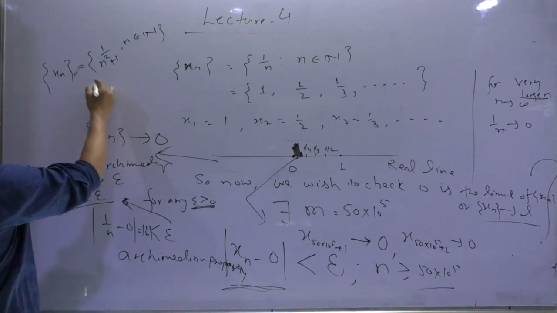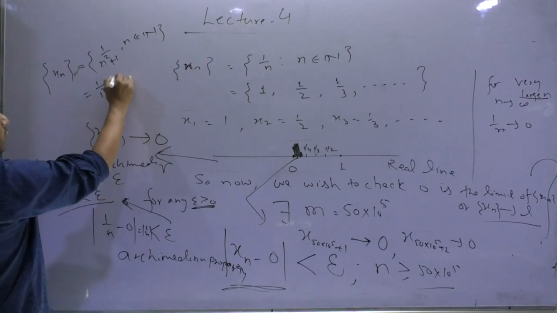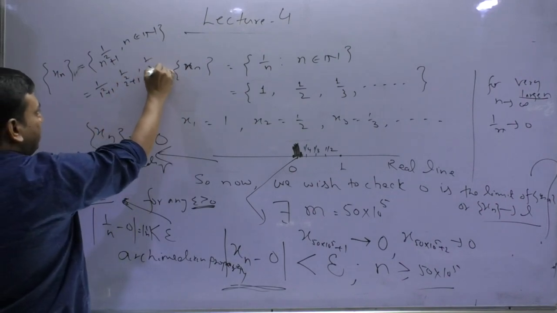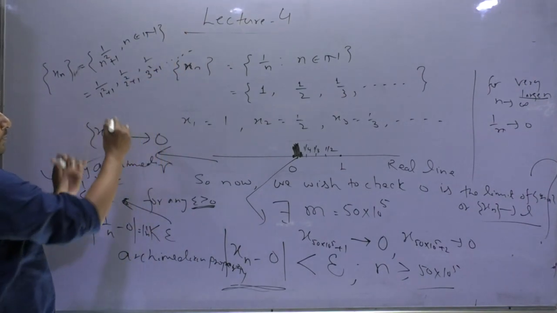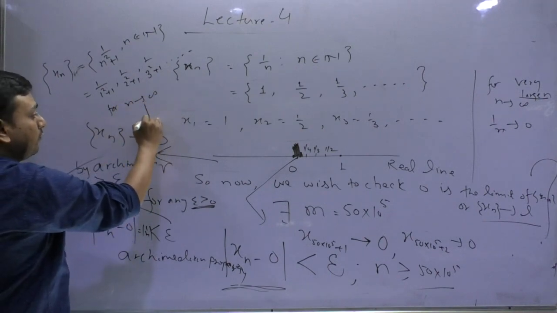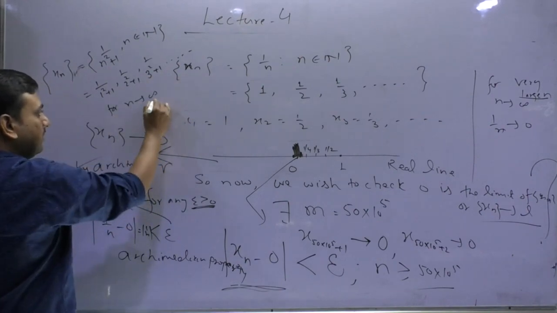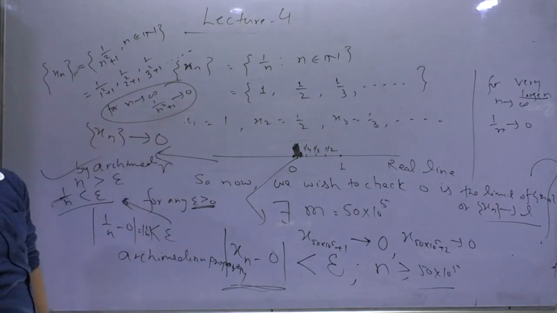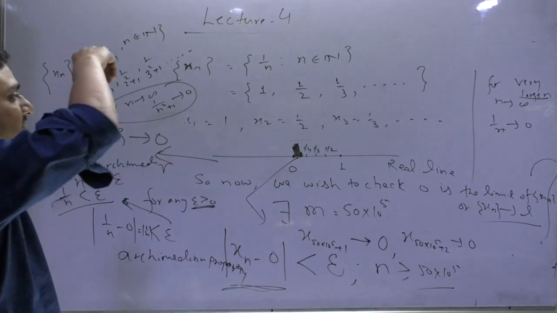So the first term is 1 upon 1 square plus 1, the second term is 1 upon 2 square plus 1, the third term is 1 upon 3 square plus 1, and so on. What will happen as n tends to infinity? 1 upon n square plus 1 will tend to 0, meaning 0 will be the limit of this sequence.